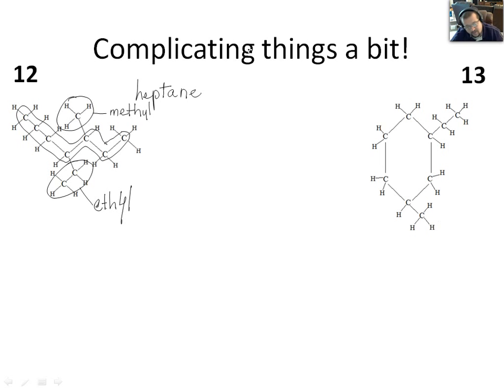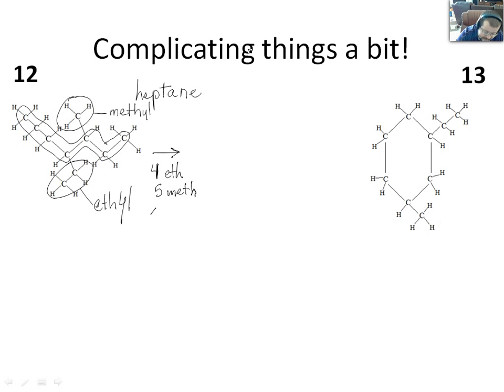And now we've got our parent, we've got our substituents named, and we have to decide where things are going to go. If I number from left to right, then my position numbers are going to be 1, 2, 3, 4 for the ethyl, and for the methyl it would be 5. Now this is if I go left to right.